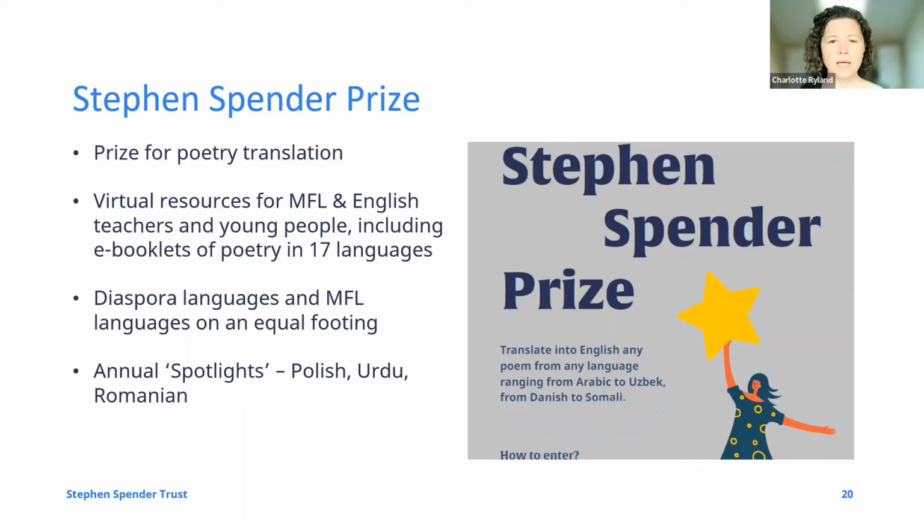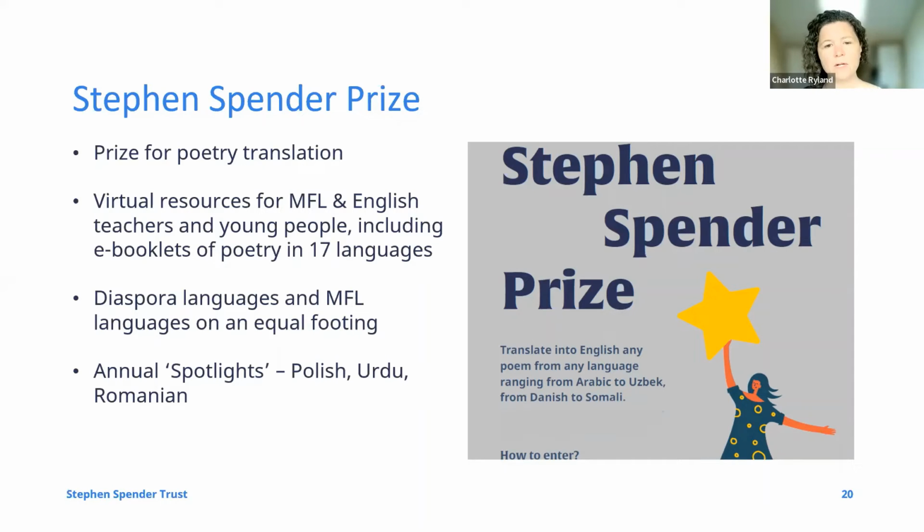The changes that we've made are, for example, that we've developed virtual resources for languages and English teachers and for young people, and that includes virtual booklets of poetry in 17 languages. So if you don't know where to find a poem to start, you can find those on our website.